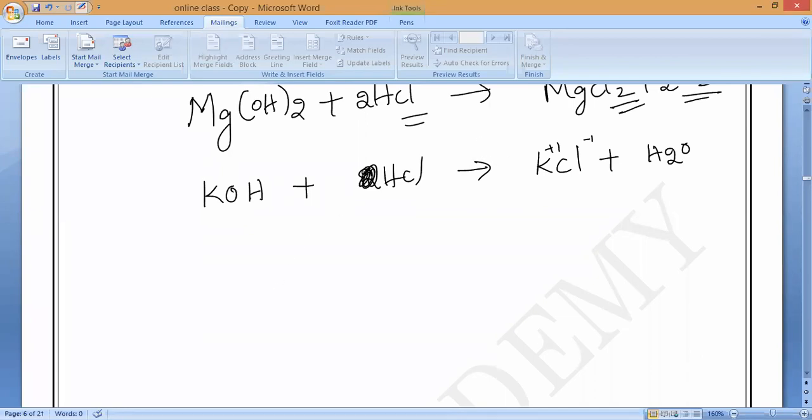Acids react with metal oxides and form the respective salt and water. What about metal hydroxides? They too react with acids and form the respective salt and water. That is what you have to remember. Any doubt till here? Clear? All of you? Now if you understand this, this is the seventh property.